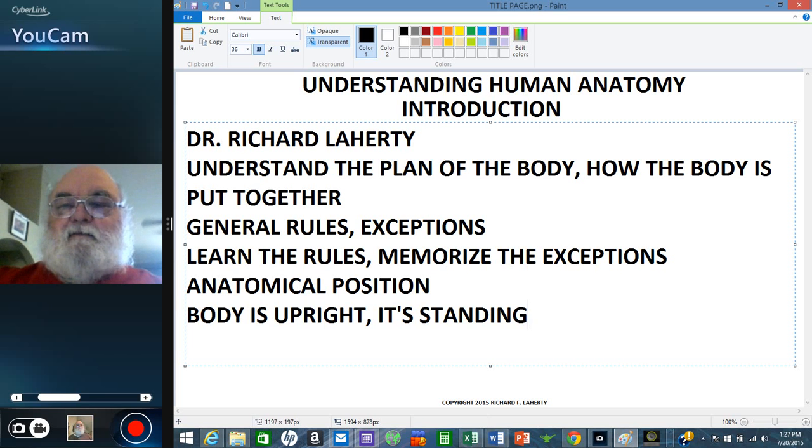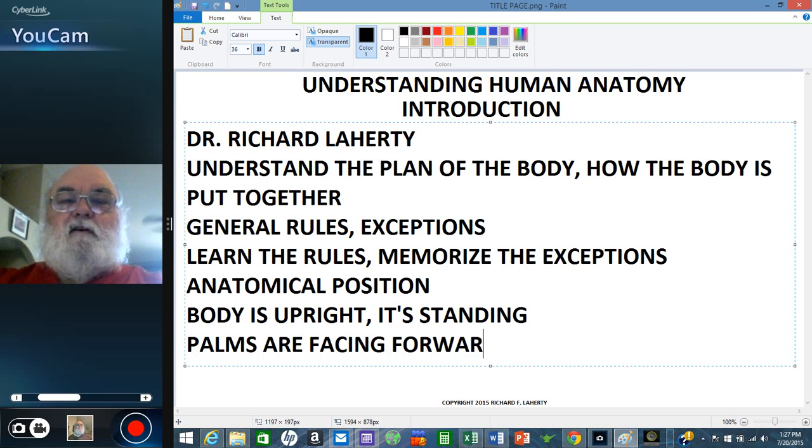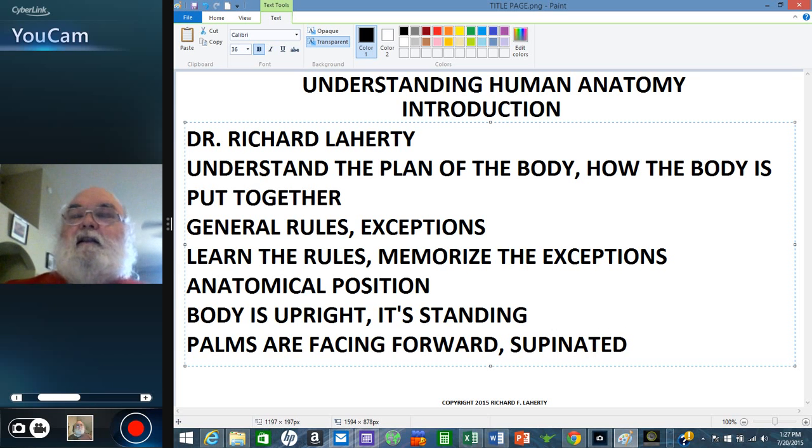The second fact is that while the arms are hanging at the side, the palms are facing forward. In anatomical terms, that means the palms are supinated. Now, our hands rotate at the wrist 180 degrees.